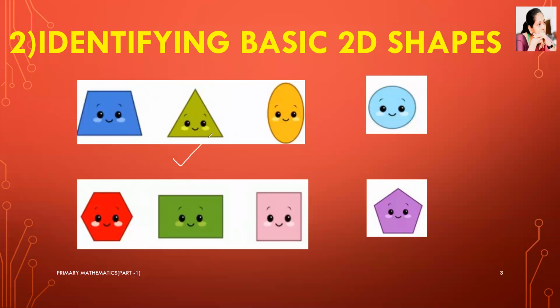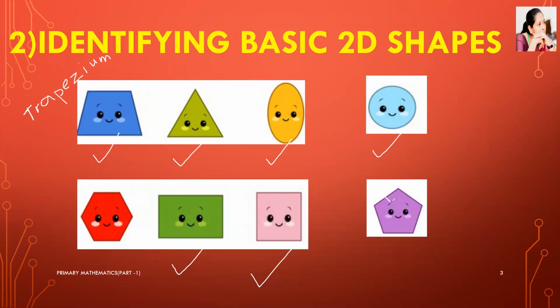This is the triangle, oval, circle, rectangle, square. Now we call this the trapezium, right? This is the trapezium.